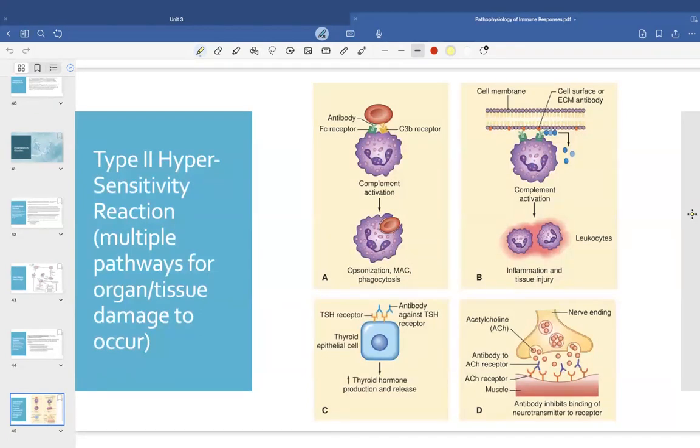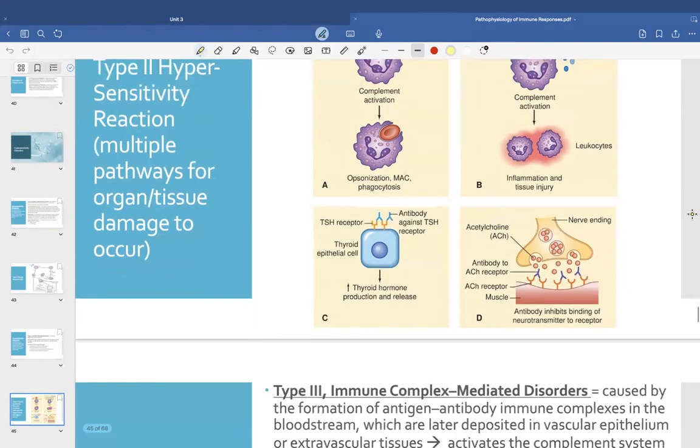And you can have antibody, and you can also have inhibition of the binding of your normal, in this case, neurotransmitters. Type 3 reactions, these are immune complex mediated disorders.